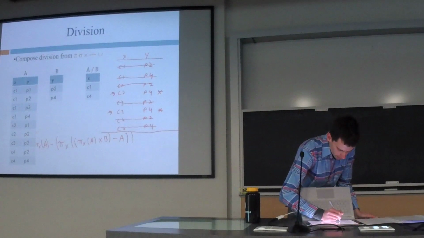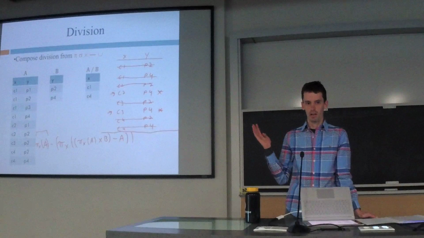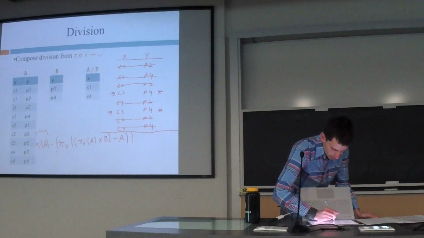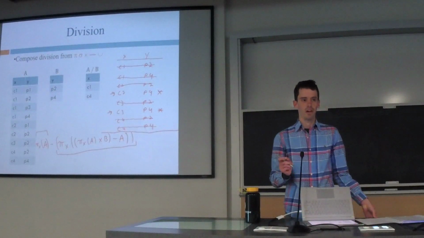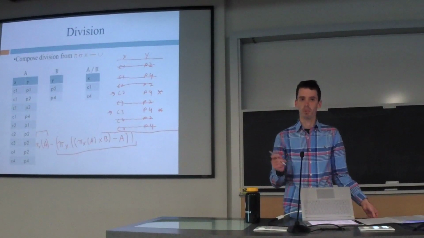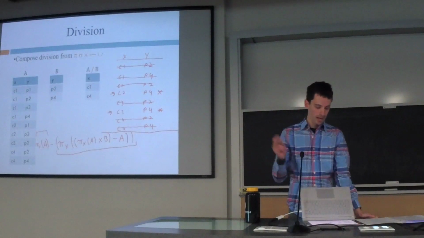That's what this part is. Project X out of A is give me all cars. And then all of this part is cars that do not use part 2 and part 4. So all cars minus cars that don't use those parts, that's the answer.